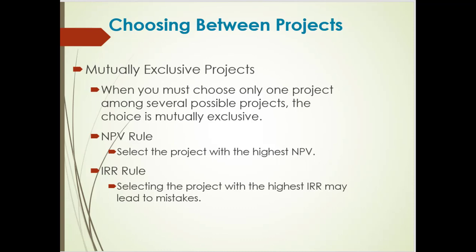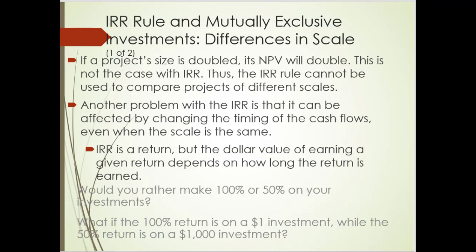So even though we're making a mistake, we're not really injuring or reducing the value of the company. We're just not maximizing the value of the company. So choosing by internal rate of return, although it may not give us the optimal answer, it still will give us an answer that will increase the value of the company.